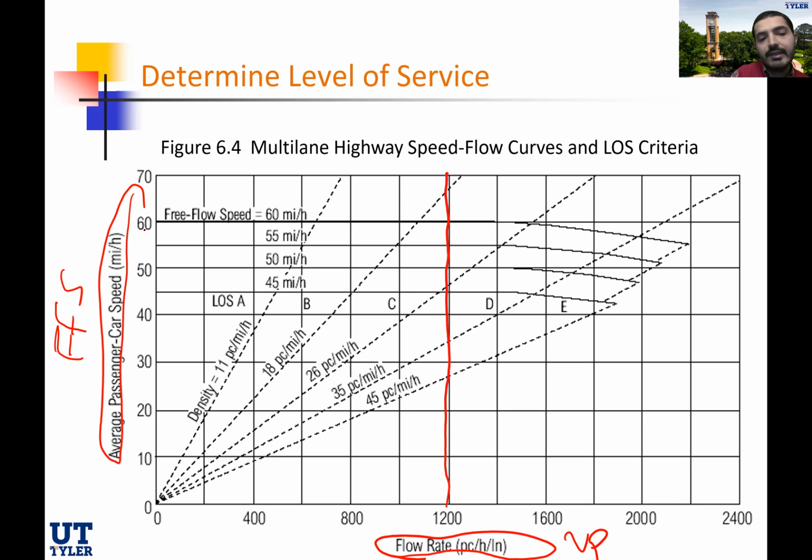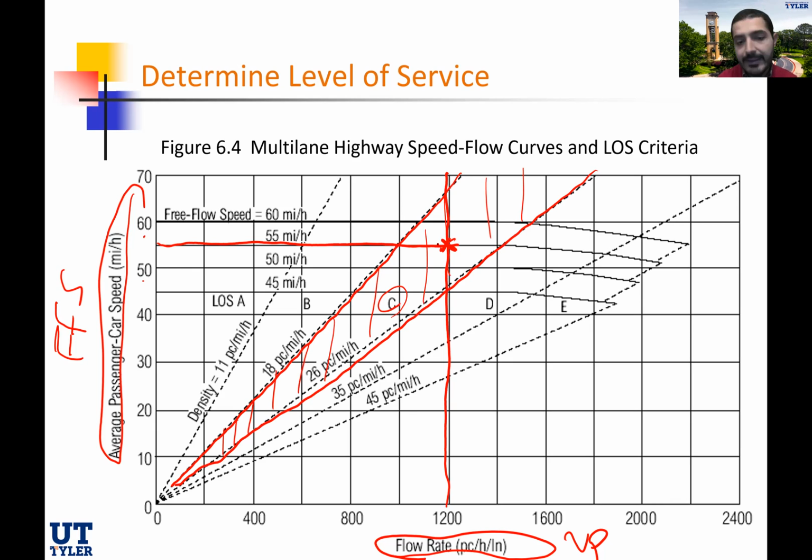That is 50, that is 60, so 55 miles per hour is right here. This is the point of intercept. Then this is actually level of service C, which is between this line and this line right here. Anywhere in this triangle is level of service C.